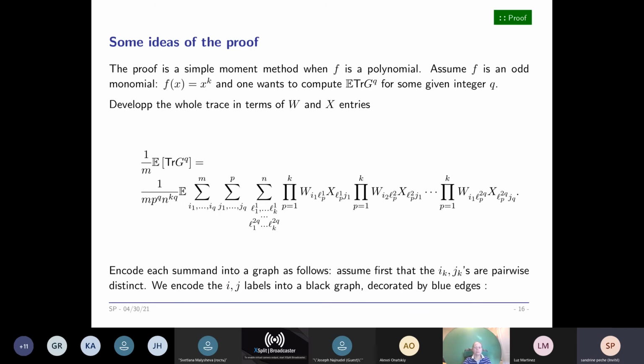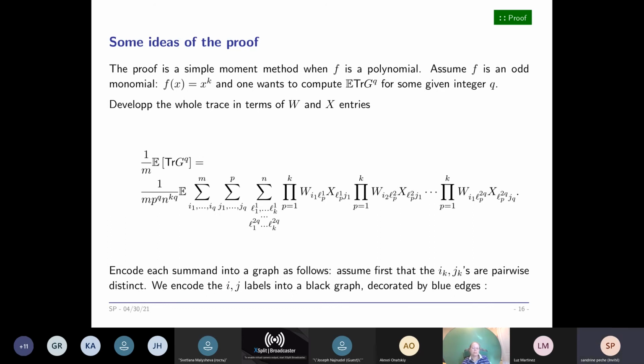So we just develop this trace, this moment, and develop everything in terms of all the random matrices. This gives a rather big formula, but the first product here is simply W x with indices I1 J1, except that we have developed it in terms of some L indices.